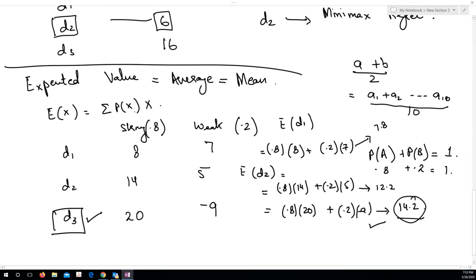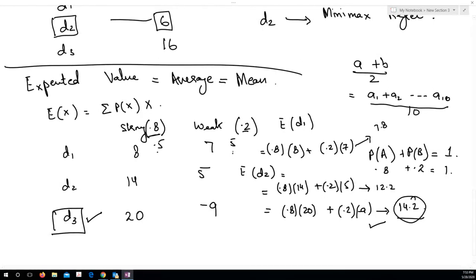And of course, if this thing changes, if this becomes 0.5 and 0.5, the whole equation becomes different. If we say they are equal to 0.5 and 0.5, this is like no information actually. If you say that the chances of strong and weak are just equal, it's like giving you no probability.